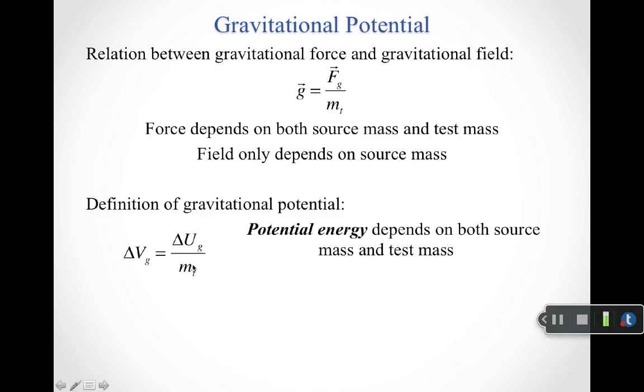My gravitational potential energy depended on two masses. We called them M1 and M2 at the time, but we could just as easily have called them source mass and test mass. What I'm going to do is divide out one of those masses, so what I'm left with is something that only depends on the source mass. So I'm going to talk about the gravitational potential.